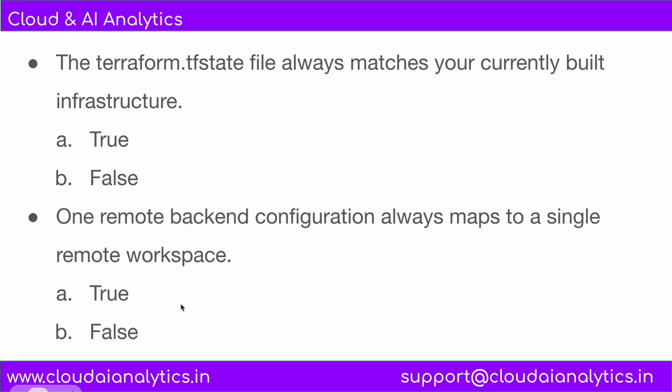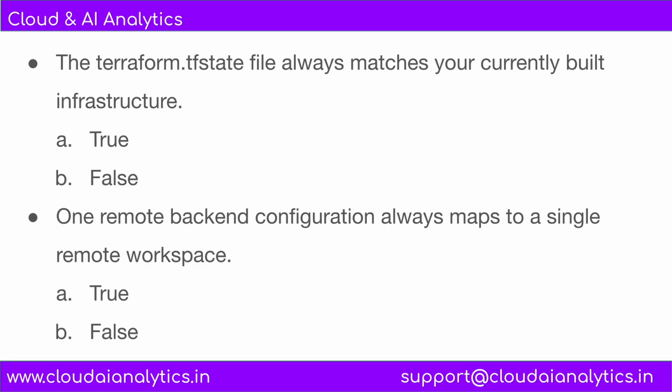While it's common to map a single remote backend configuration to a single remote workspace, it's not always the case. Terraform's remote backend configuration allows you to interact with multiple remote workspaces within a single configuration using the workspaces block with the prefix option. When you're defining your backend, you can use a workspaces block.